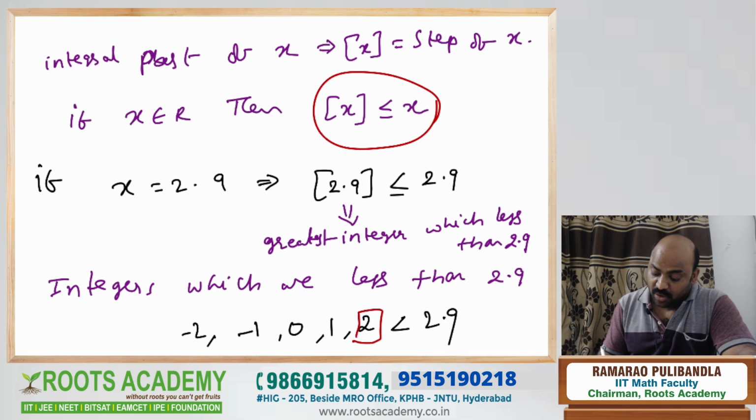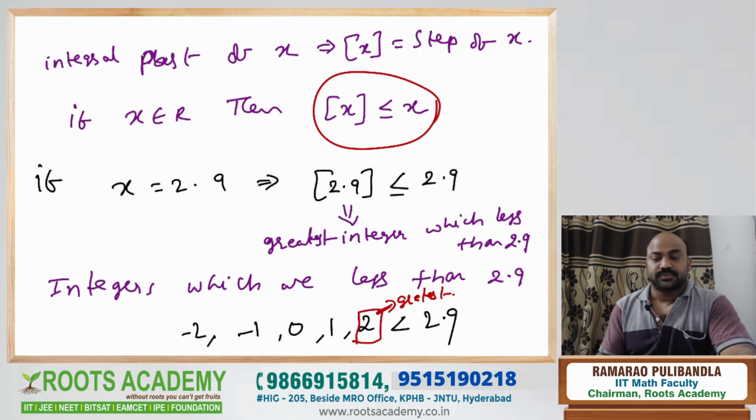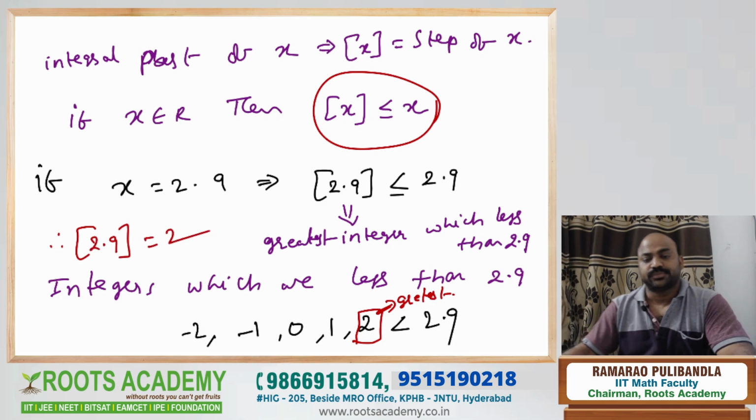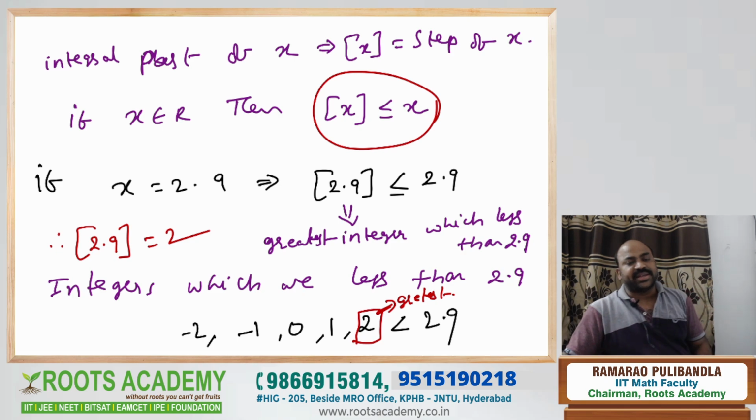This red one is the greatest. So can you say what the step of 2.9 is? Therefore, step of 2.9 is 2. Is there at least one student who is able to follow me? Can you say if you are able to follow me, dear students? What a beautiful concept it is.